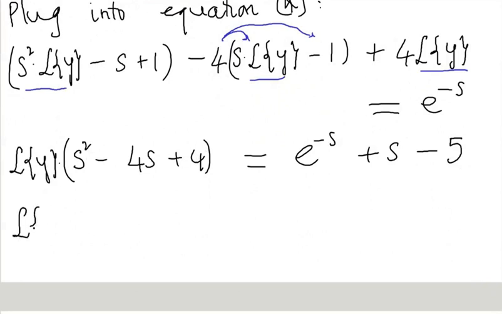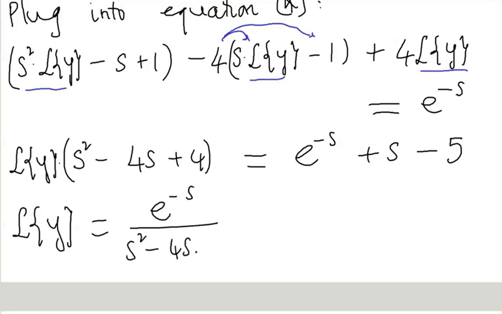Now let us solve for the Laplace transform of y. Divide both sides by s squared minus 4s plus 4. We don't combine terms with exponential, so e to the minus s stays by itself, but s minus 5 should be together, okay?